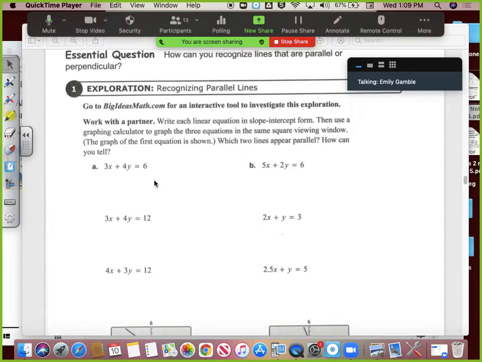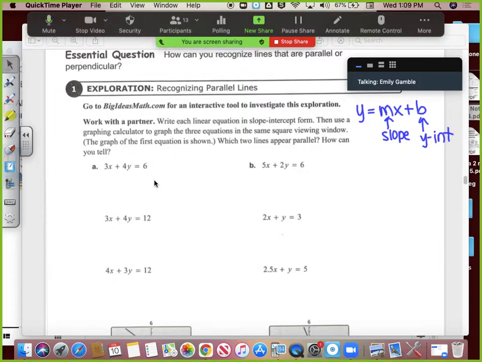So remember, slope-intercept form is not what we just did for our warm-up. Slope-intercept form is this: y equals mx plus b, where m is the slope, and b is the y-intercept, where it crosses the y-axis. So what I want you to do is take all 6 of these equations and put them into slope-intercept form.